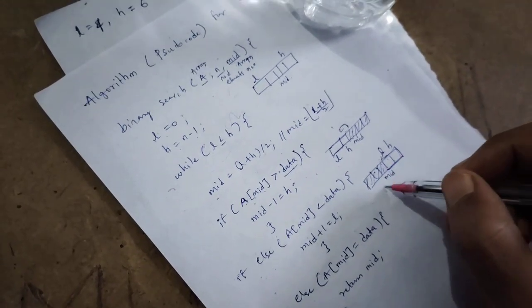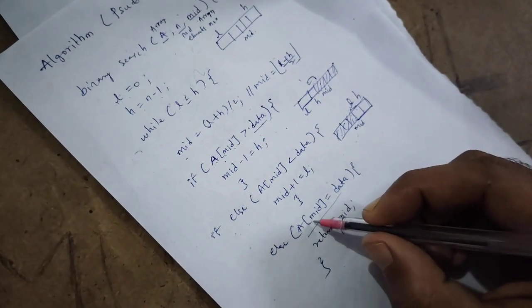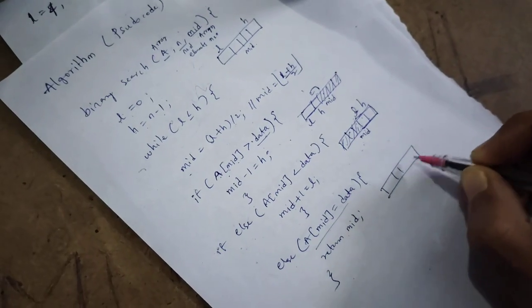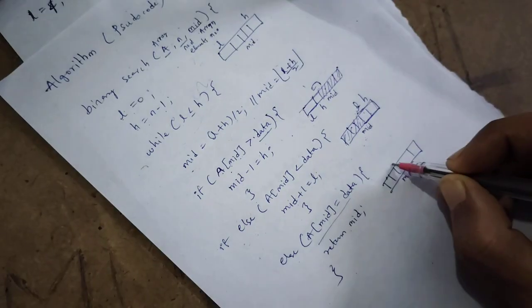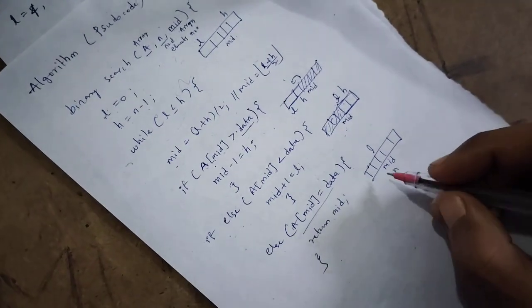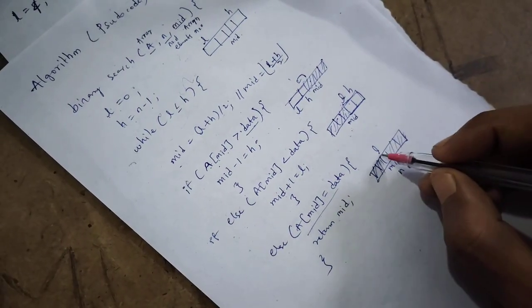Then this condition happens: if A of mid equals data, this is mid, this is L also, and this is H also. We are deleting all of this.